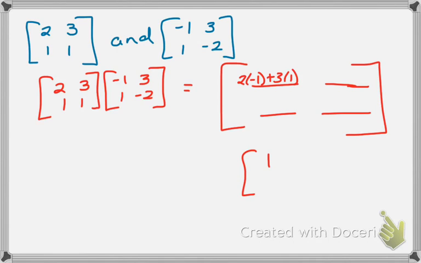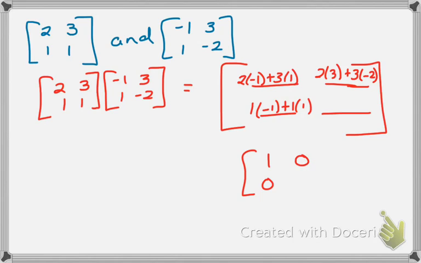Row 1, column 2. 2 times 3 plus 3 times -2 gets us 0. Row 2, column 1. 1 times -1 plus 1 times 1 is 0.